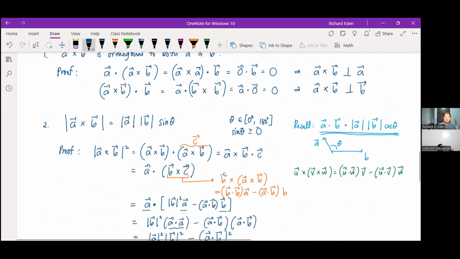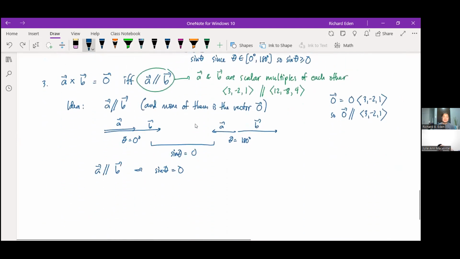But then according to the previous property, if the sine of theta is 0, then the length of the cross product must be 0. But the only vector whose length is 0 is the zero vector. So the cross product must be the zero vector.